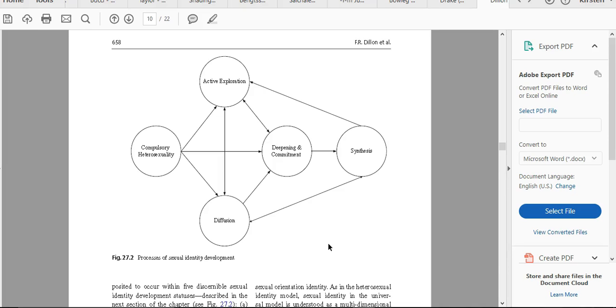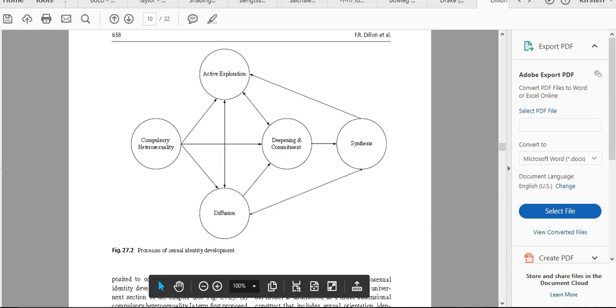So this is one space. We'll walk through these and then we'll apply them to a fictitious example of a student.